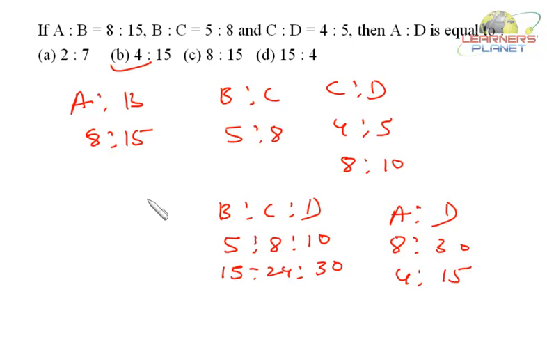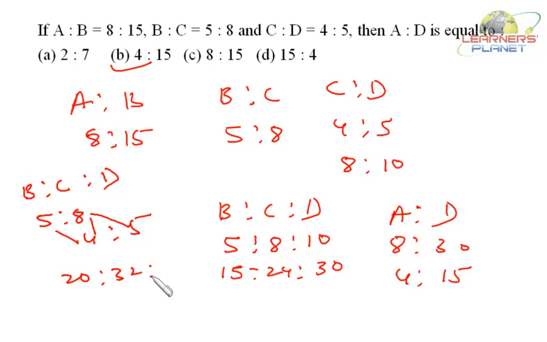Or alternatively, you can do like this. First of all, you just find out the ratio of B is to C is to D by the method which we discussed in the previous question. It's B is to C and D. Okay, so it's 5 is to 8 and 4 is to 5. So it's 20 is to 32 is to 40. That means the ratio between B and D is 1 is to 2.